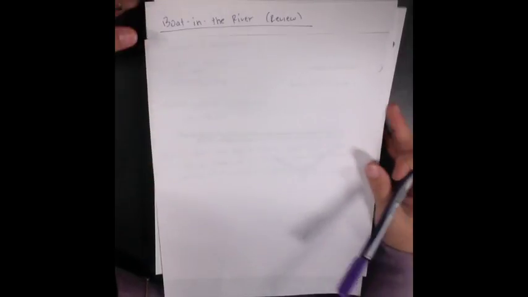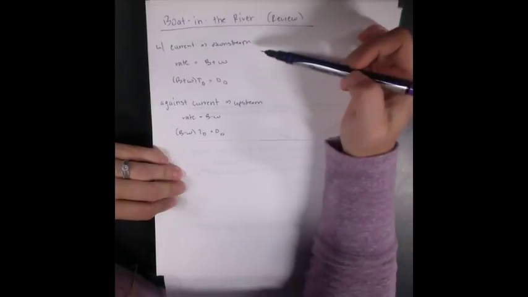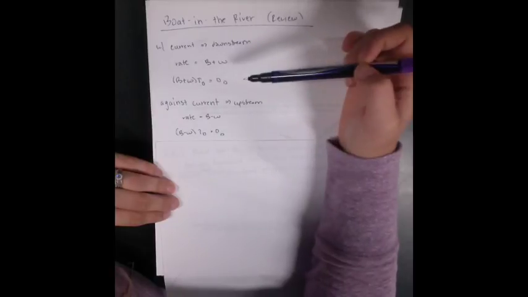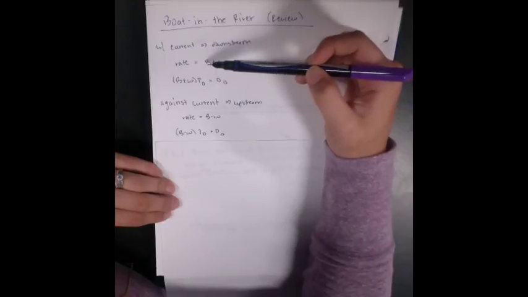All right, let's move on to our next section, boat in the river problems. Now this is a review of last year. Okay, we definitely did this. And we know that if you are going with the current or downstream with the wind, our rate is the speed of the boat plus the speed of the water, the speed of the plane plus the speed of the wind, the speed of the bike plus the speed of the wind.